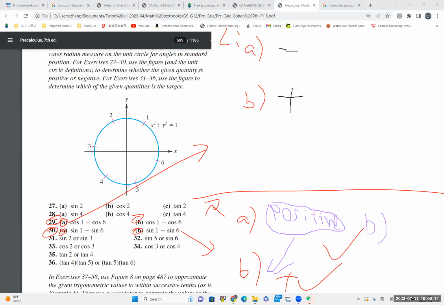Cosine is X. Never mind. Cosine 1, angle 1 is here. So they are both positive, right? So of course it's positive. Then cosine 1 minus cosine 6. Cosine 6 is bigger than cosine 1. So when you have a small number minus a big number, you get negative. Yeah.